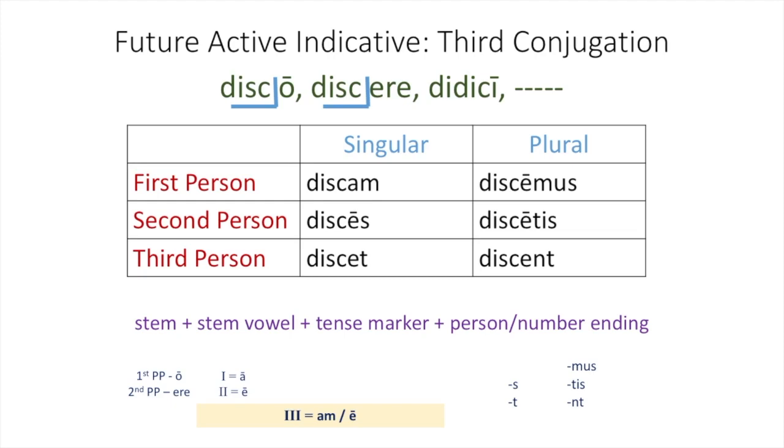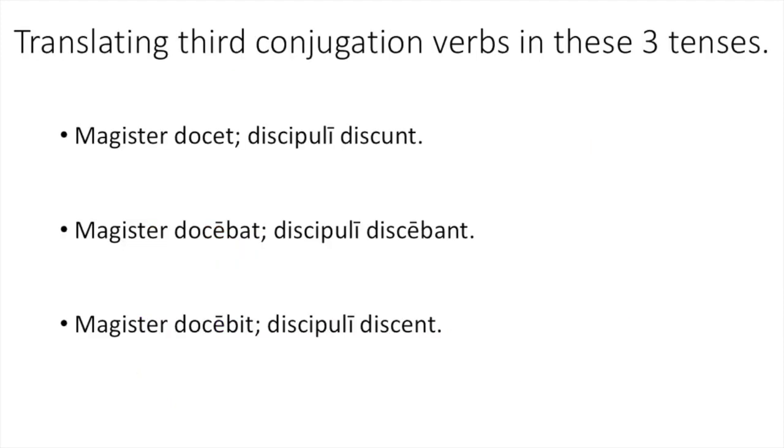Okay, so now that we've talked about our forms, let's talk about how you translate third conjugation verbs in these tenses. We've talked about this a little, but let's look at the differences in these very similar sentences. Magister docet, discipuli discunt. Magister docebat, discipuli discebant. Magister docebit, discipuli discent.